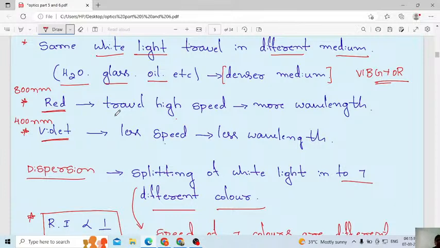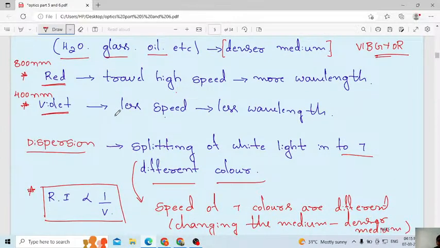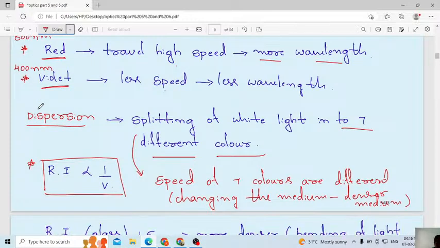Then the red color, because of the more wavelength, travels with high speed in a medium other than air. Violet, because of the less wavelength, travels with less speed.